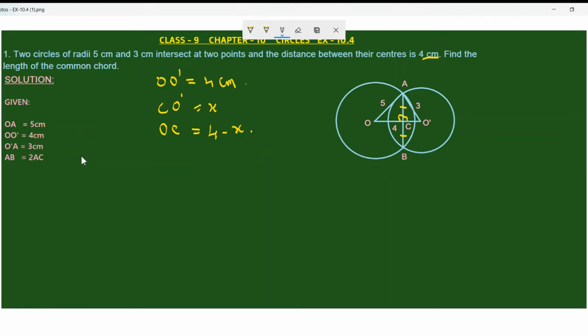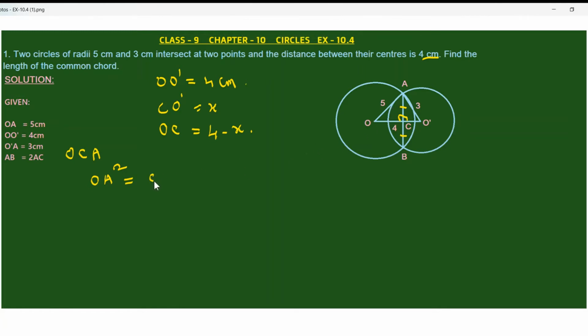Now in the right angled triangle OCA, we are going to use the Pythagoras formula. What is the Pythagoras formula? We know the square of the hypotenuse, OA square, is equivalent to the sum of the squares of the two sides.